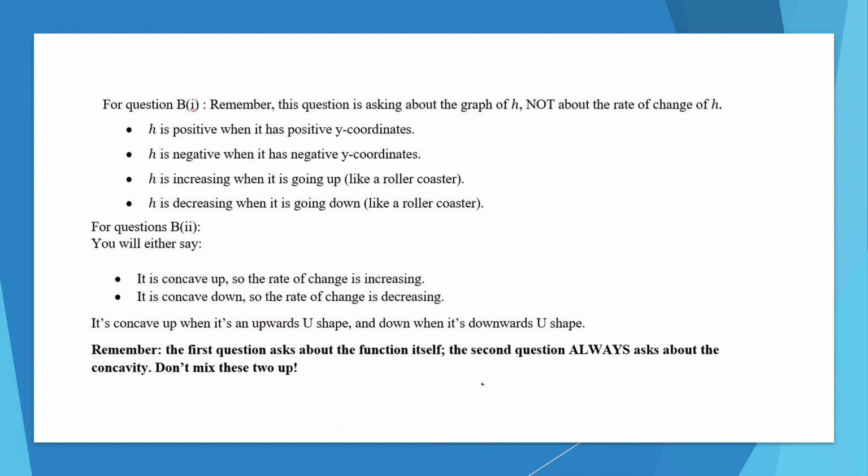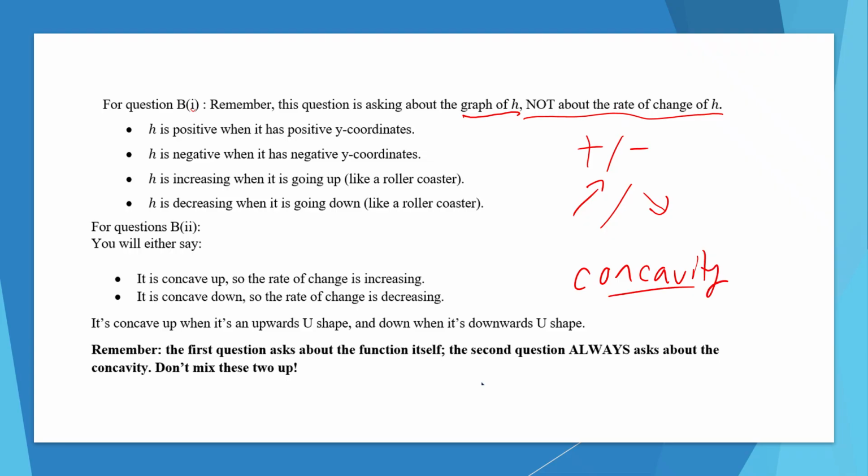Right, so this is just a general guideline for that second portion. Remember, for the first one, the question is asking about the graph of h, nothing about the rate of change yet, or concavity. So the first part will just be whether it's positive or negative, and then increasing or decreasing. The second part will be asking only about concavity.